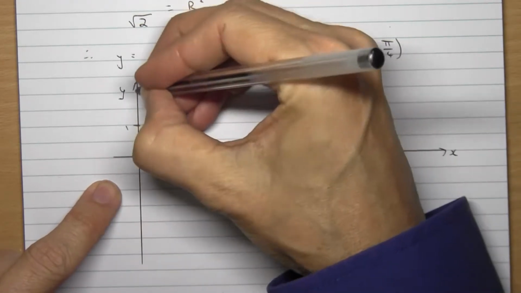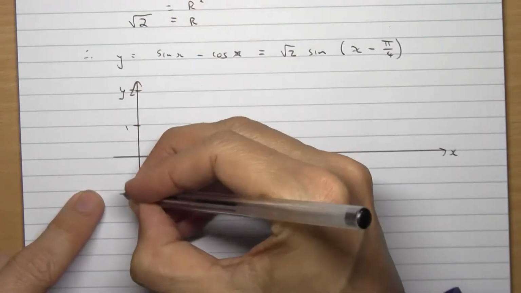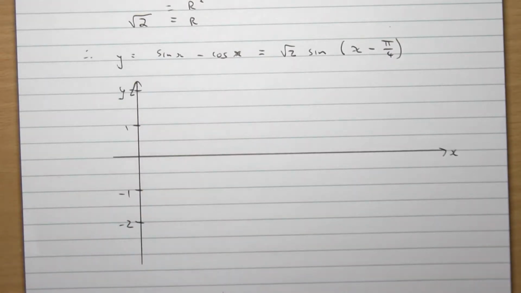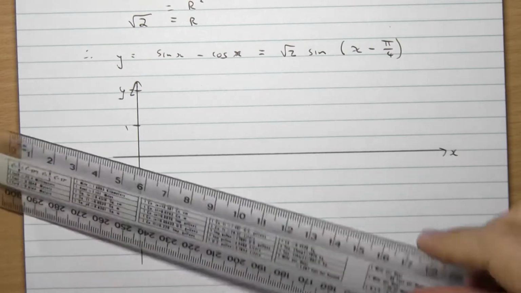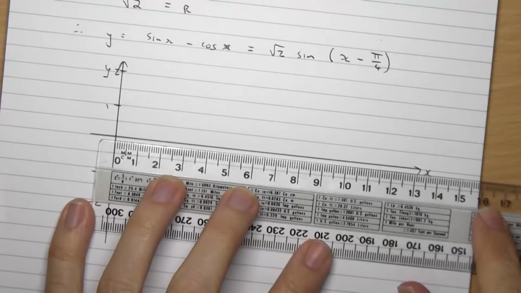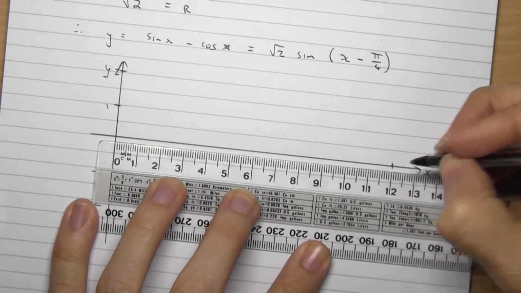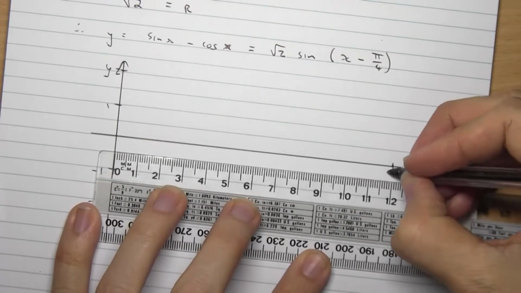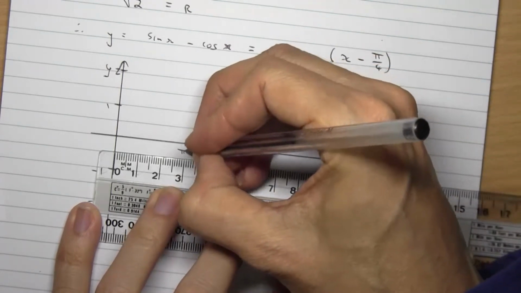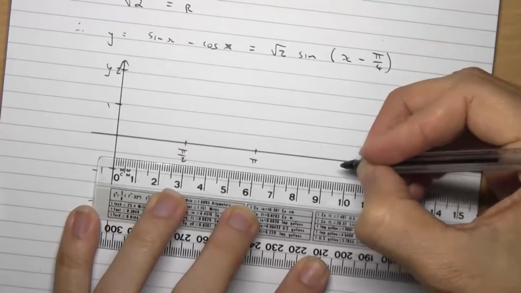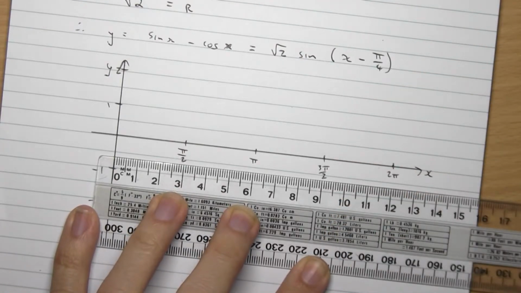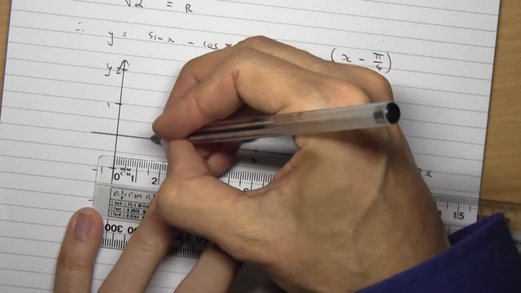So if I go 1, 2, negative 1, negative 2, and I'm going across to 2 pi, so that's 2 pi, pi on 2, 3 pi on 2, and I'm actually going to want the quarters as well.